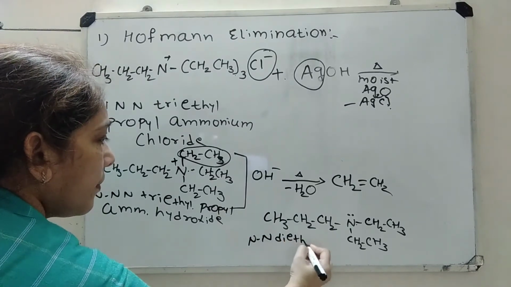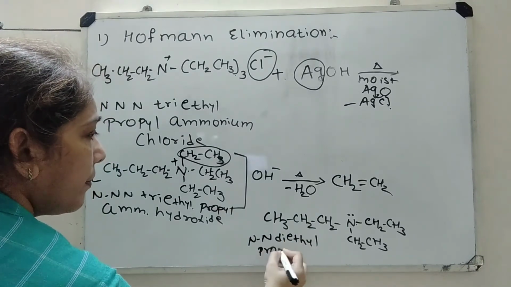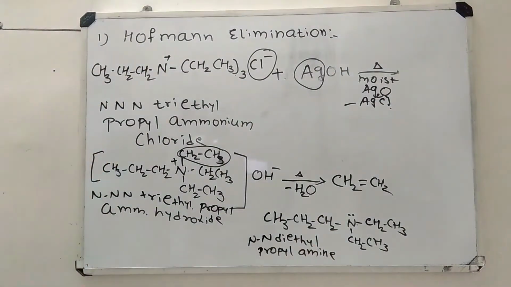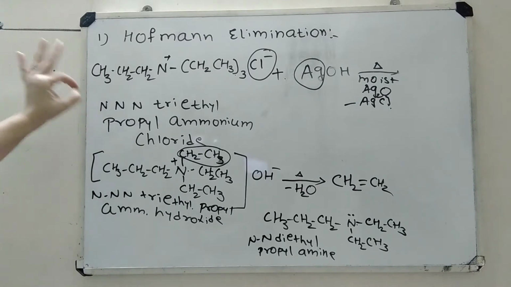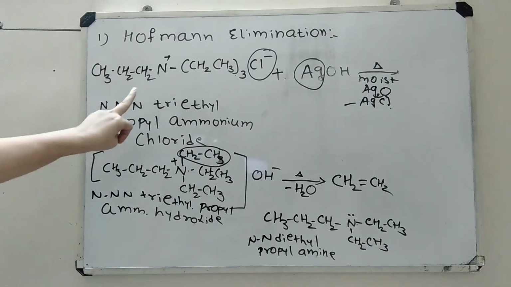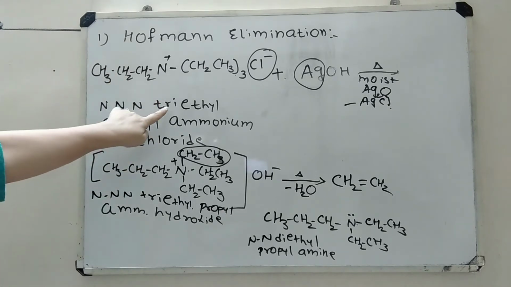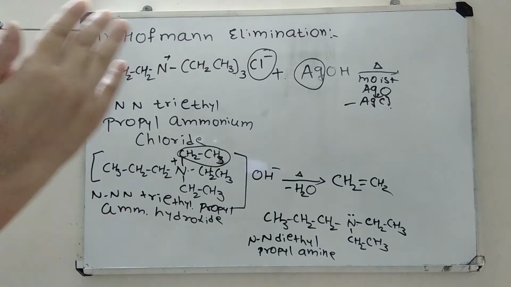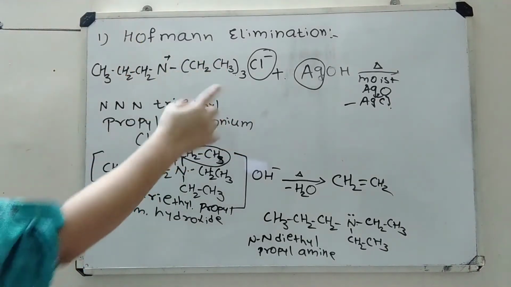The product we are getting is N,N-diethyl propyl amine. So this is the first reaction, Hofmann elimination. Once again I repeat, in this case they have given the quaternary ammonium halide, and the example is given as N,N,N with 3 ethyl groups. Ethyl means C2H5, or we can write it in split form as CH2CH3 three times.